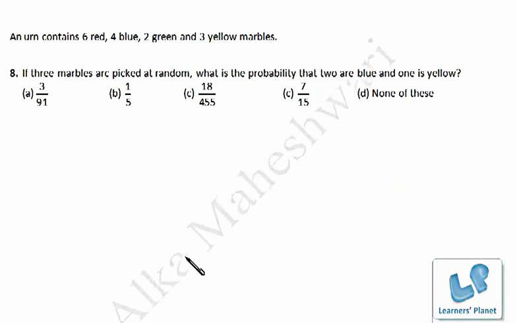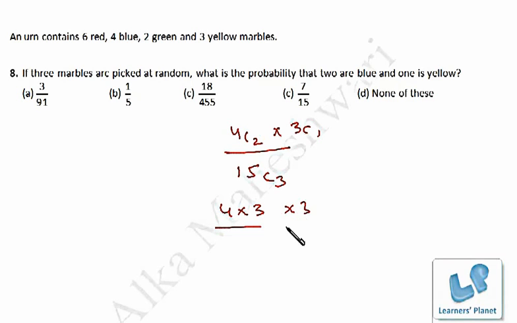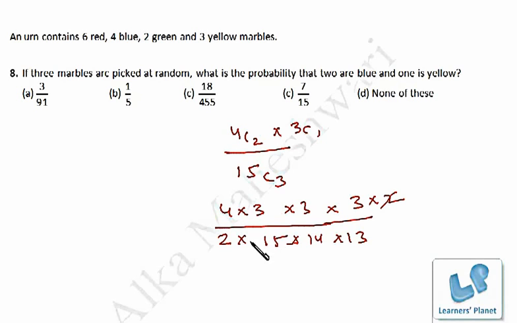Now similarly, we are picking up 3 marbles. So out of 15, 3 marbles, 2 are blue. So just take 2 blue, 4C2. 1 is yellow, take 1 yellow. That's it. Just solve it quickly. 4 into 3 by 2 factorial into 3. Do not forget to mention it over here. It's 15 into 14 into 13 by 3 factorial, right?